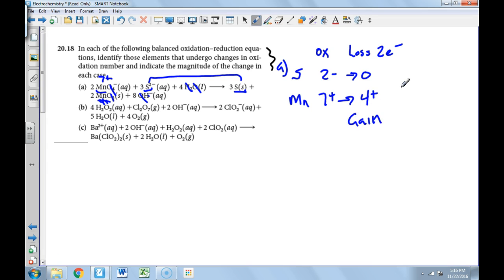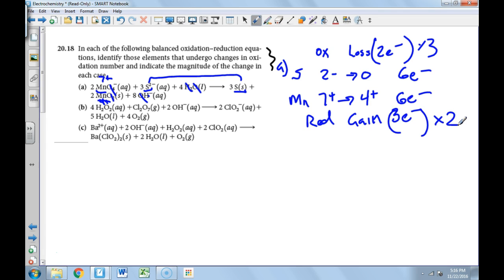This is our reduction, gaining 3 electrons. Because this is 2 and this is 3, we need the least common multiple. So this is going to be 6 electrons and 6 electrons, because you multiply this by 3 and this by 2.